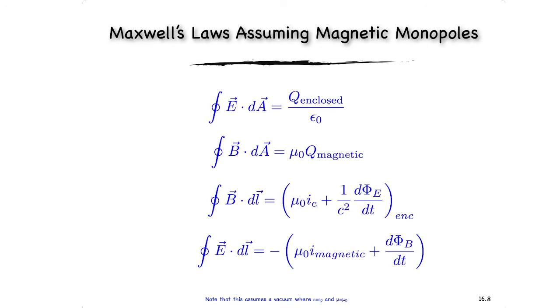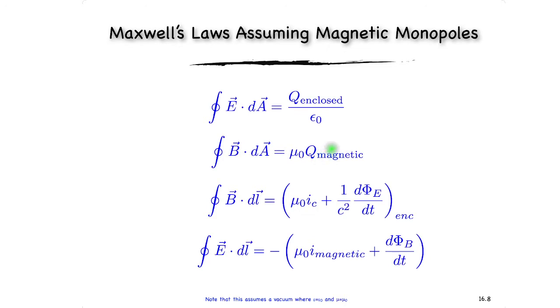And now we see they're almost term for term symmetric. Right? Q magnetic would be like the amount of magnetic charge, the amount of north poles you have. But in reality, no one's ever observed an independent north pole of a magnet or an independent south pole. So we take this to be 0.